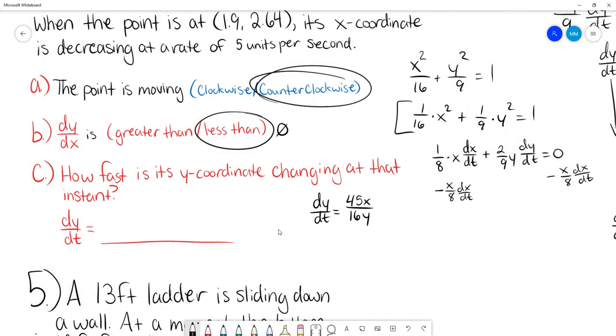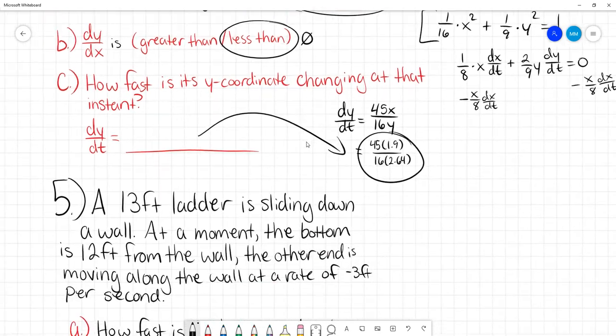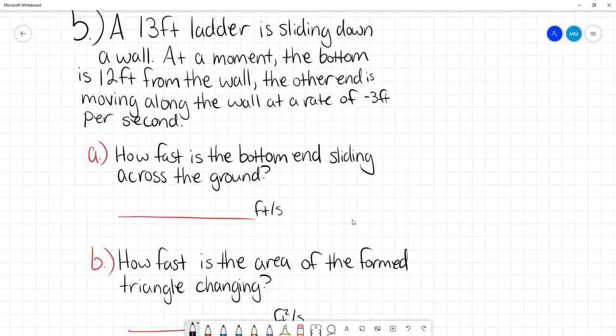So in this case, it's going to be 45 times 1.9 over whatever 16 times 2.64 is. And you just multiply that out with a calculator. But I'm just going to leave it like that because my wrist is hurting. And we've got 4 more questions to do still.